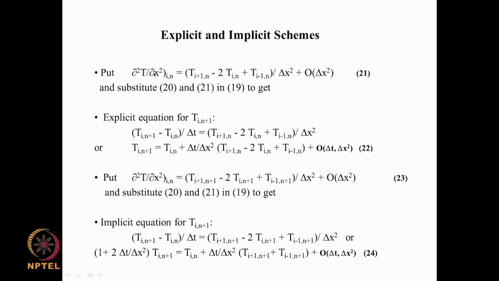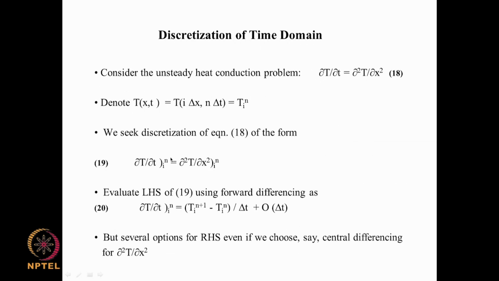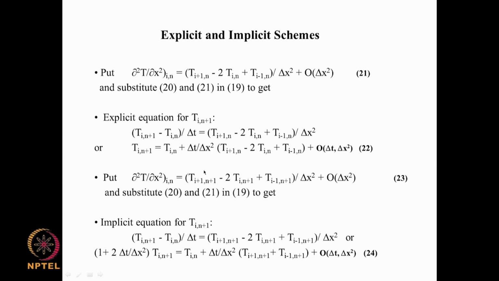So, if you now substitute this approximation and this approximation into equation 19 here, we get an expression for T_i^{n+1} like this. This is (T_i^{n+1} − T_i^n) over Δt. Here I just put comma n and not used n as a superscript, it is the same thing. It is much easier to type like this.